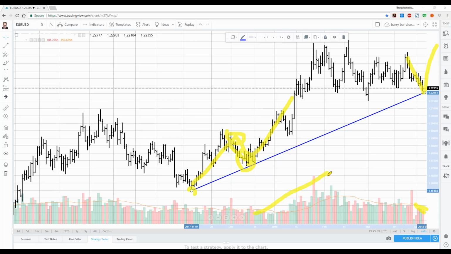You've all heard of flags and pennants, okay? These are all things that develop in the charts, and they actually develop from this first trend line, because you can then put other lines on this chart, which might tell you that you're in the middle of a flag or in the middle of a triangle, and then you're expecting a breakout of the triangle. But you can't do that if you don't know how to read your charts.